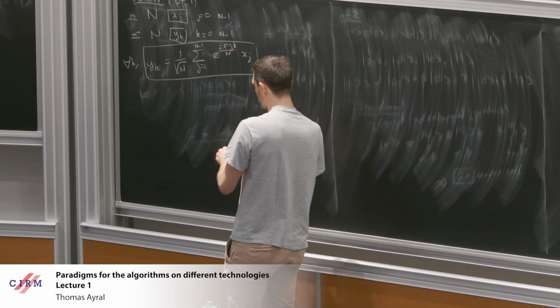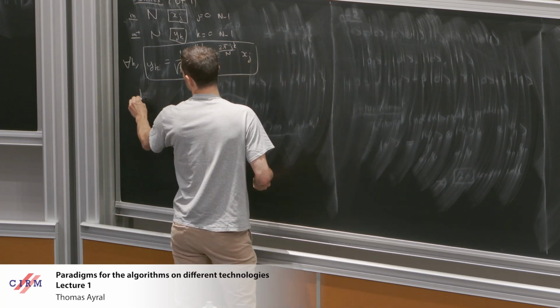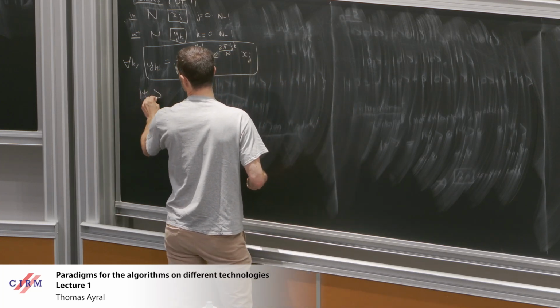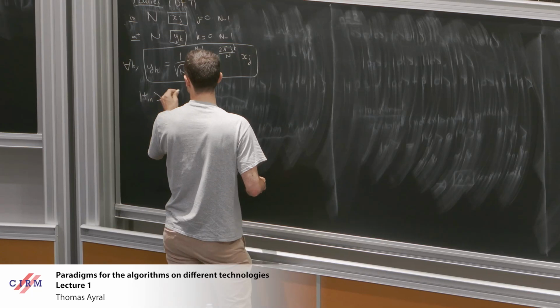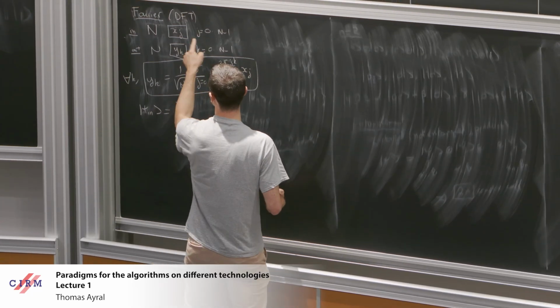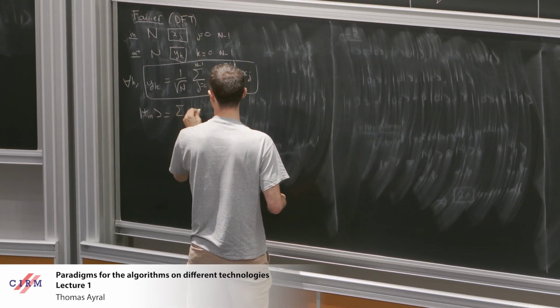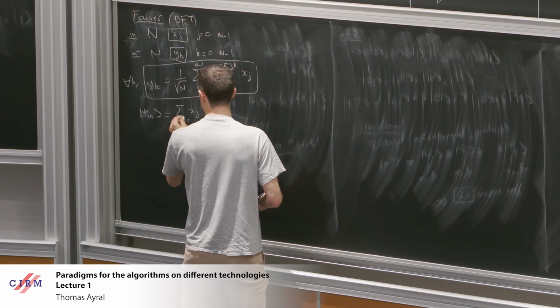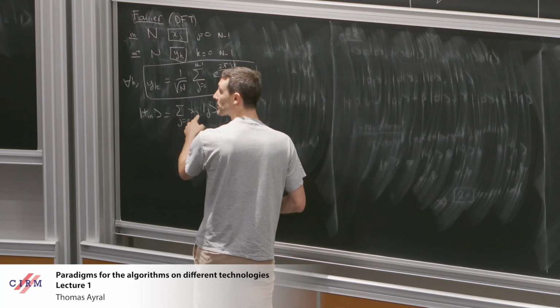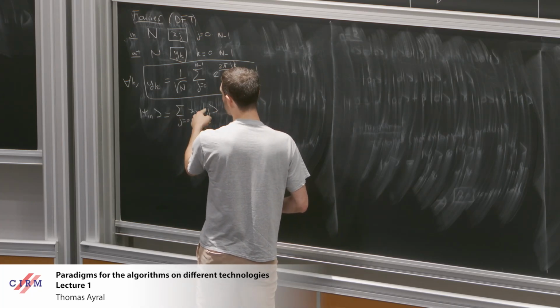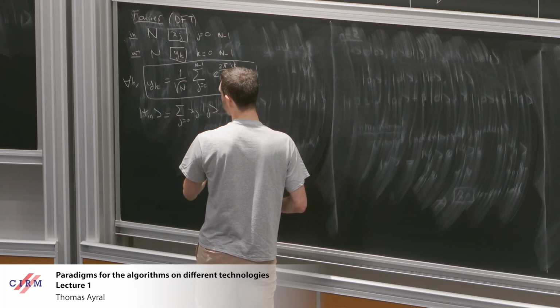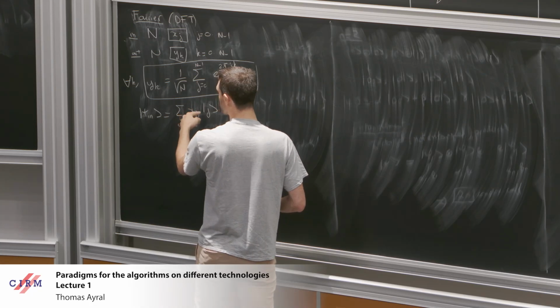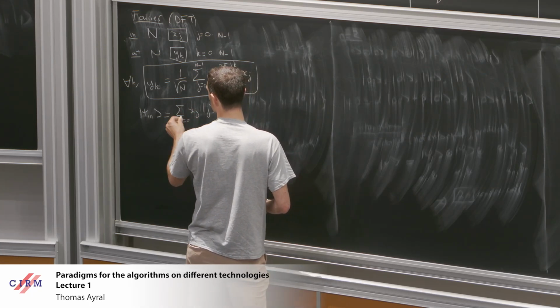And now it turns out I want to do it on a quantum computer. The game I'm going to play is to start with a psi input state where I'm going to encode the signal. So I'm going to say that my signal is a superposition of computational basis states j, and the amplitudes, the complex coefficients, are going to be the xj's.